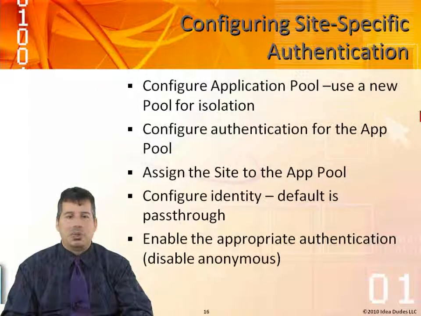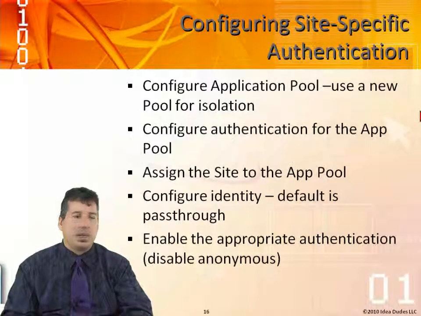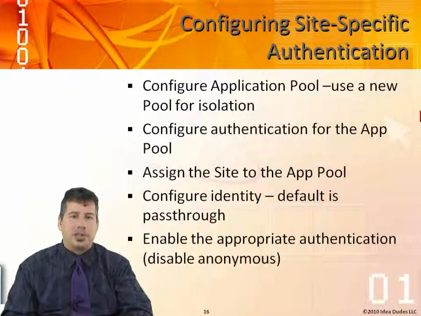Disable anonymous. You want to get rid of anonymous, especially on protected content. If it's a public website and you just want people to be able to get into it, no problem. But if it's going to be an extranet where you have an intranet type of environment, then you want to make sure you disable anonymous on that application or on that directory.